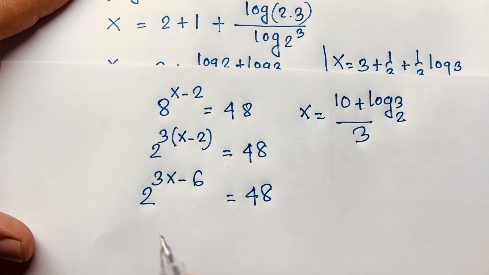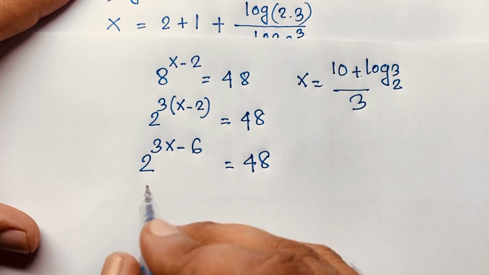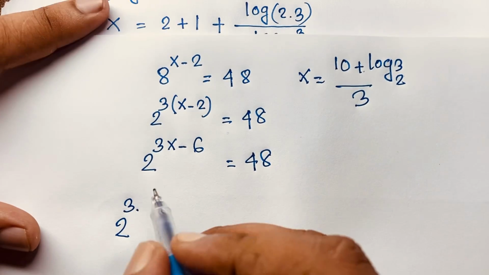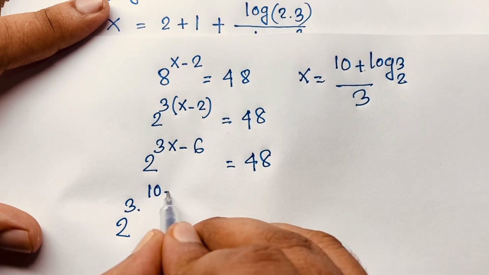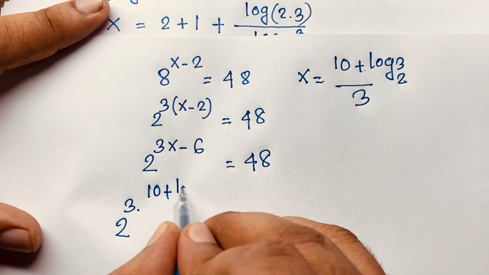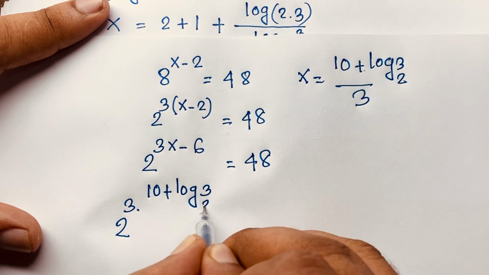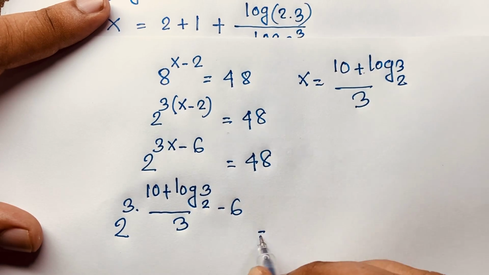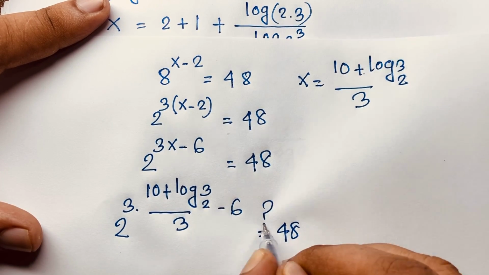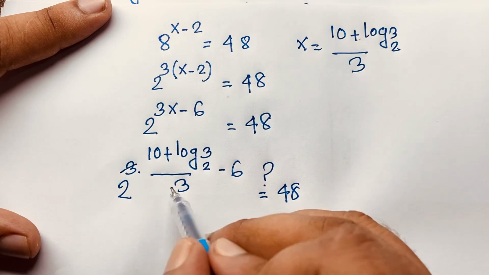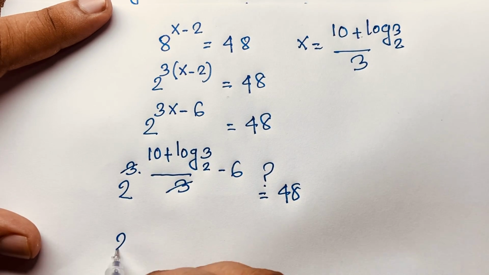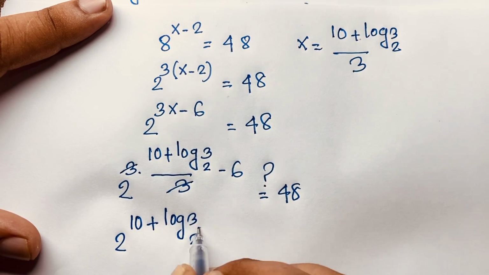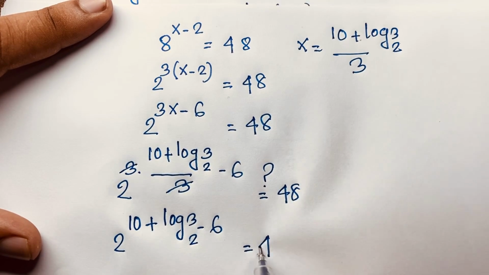Now I put this value here, so the left hand side will be 2 to the power 3x minus 6, where x is 10 plus log 3 base 2 over 3, is equal to 48. Now this 3 cancels out, so it will be 2 to the power 10 plus log 3 base 2 minus 6 is equal to 48.